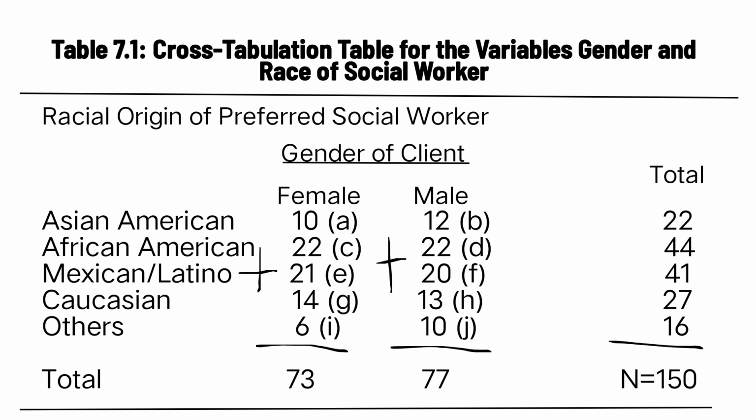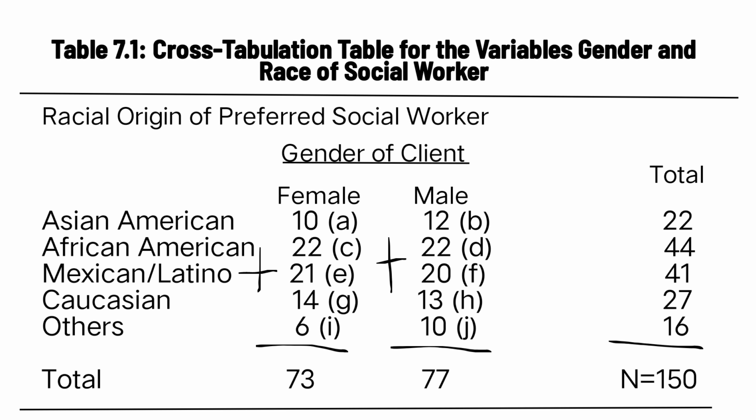So the total for Asian American is 22. Number two is African American, female 22C, and male 22D. So the total was 44.